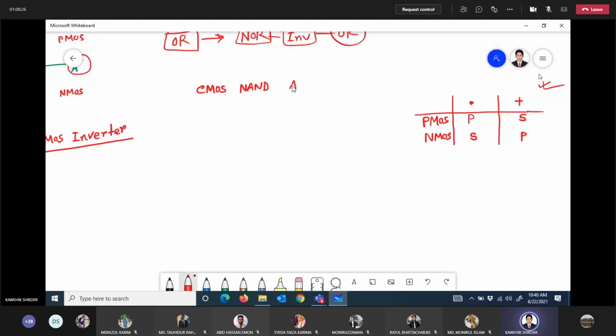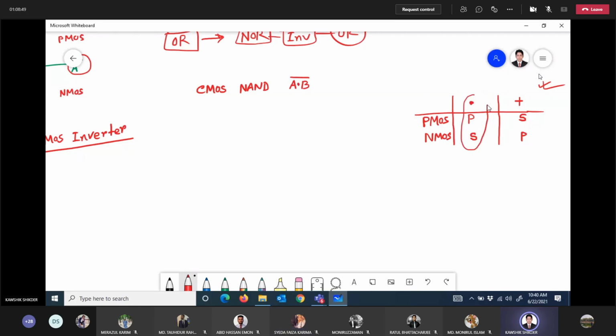Let's say 2 inputs A and B. So is it AB whole bar? Got it? CMOS NAND. Is it clear? Yes, sir. CMOS NAND is A dot B whole bar. So in between, what is the sign? The dot.